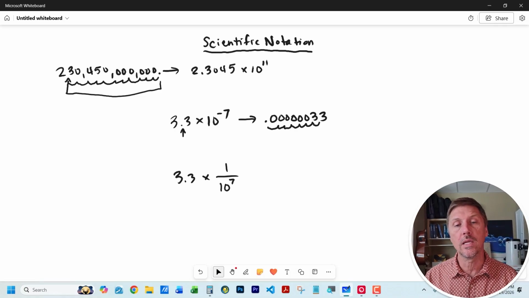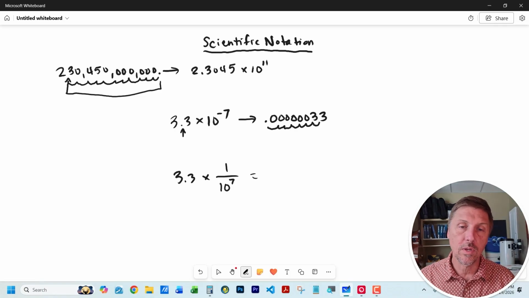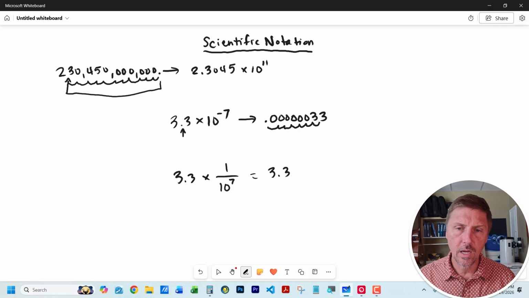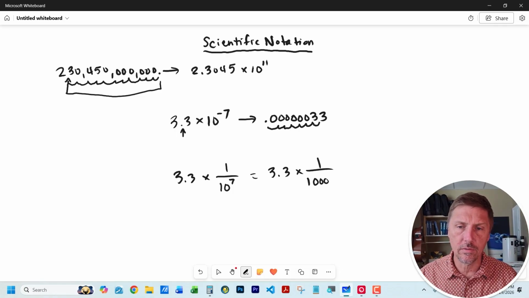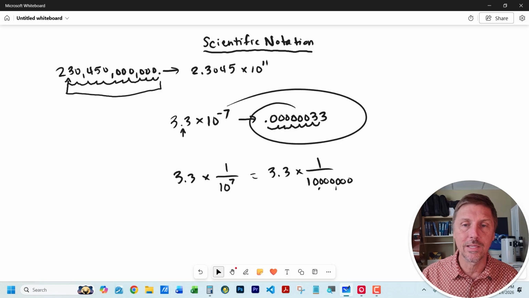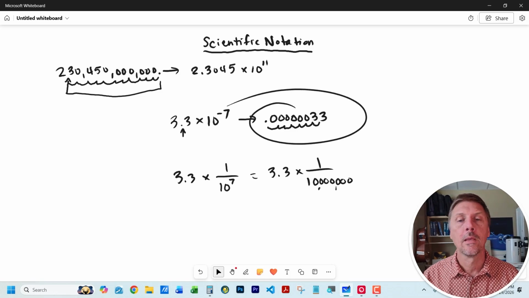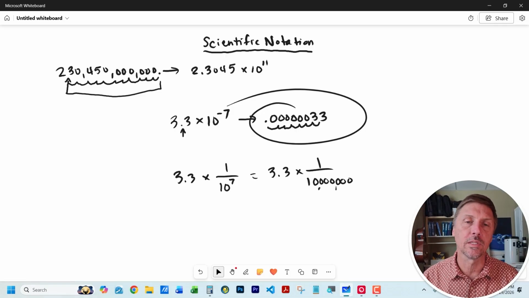So we're really doing 3.3 times 1 over 10 to the 7th power, which means we're doing 3.3 times 1 over 1 with 7 zeros after it. 2, 3, 7 right there, right? So 1 over 10 million. And when you punch that in your calculator, you're going to get this number right here, right? But the quick way to do it is just hopping with the decimal place, like I said.